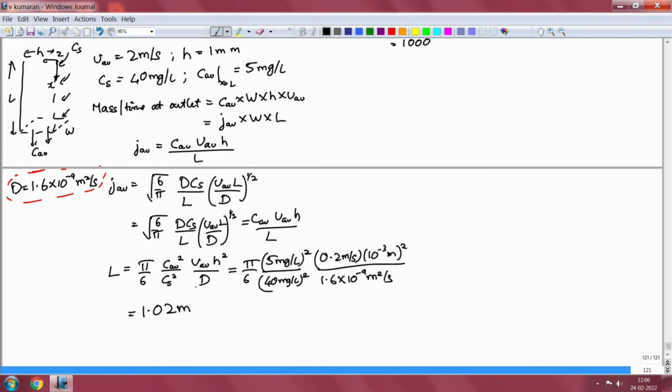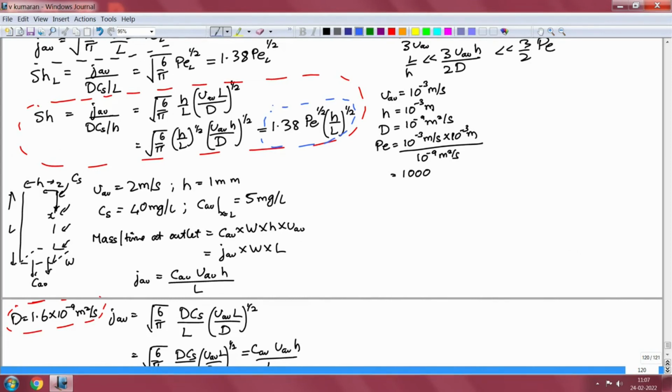So, this is an example where we had actually used a similarity solution to get an analytical result for the average flux, to get a correlation for the average flux. That correlation had a constant square root of 6 by pi, which is approximately 1.38. So, that is how you get those constants in those correlations, and the dependence on the Peclet number.